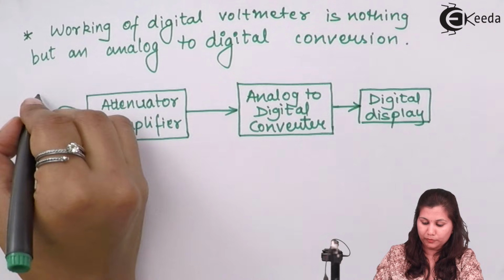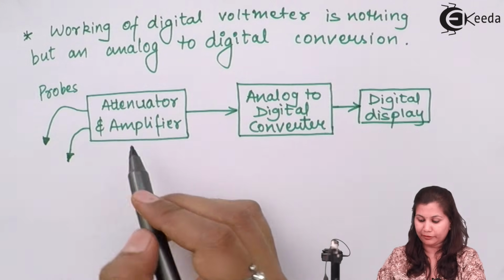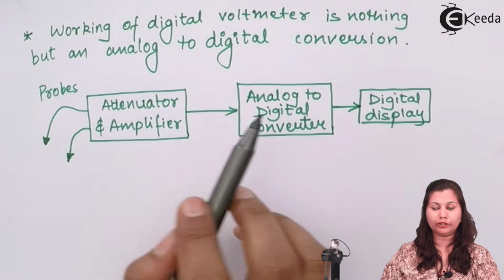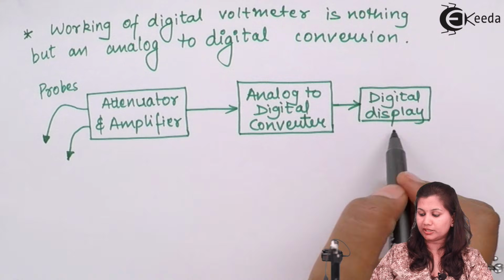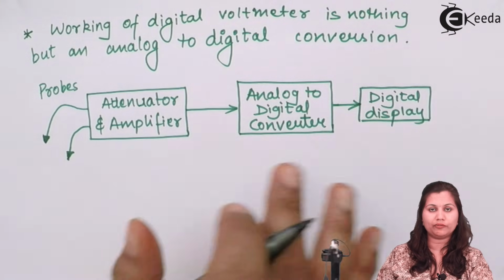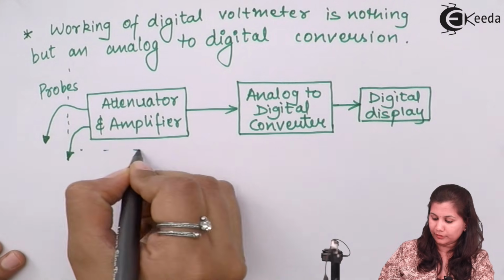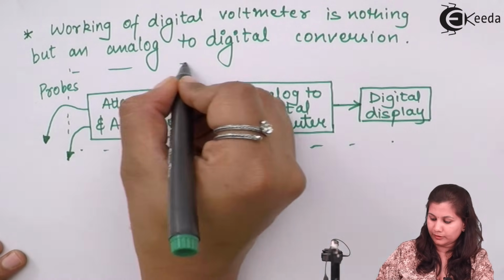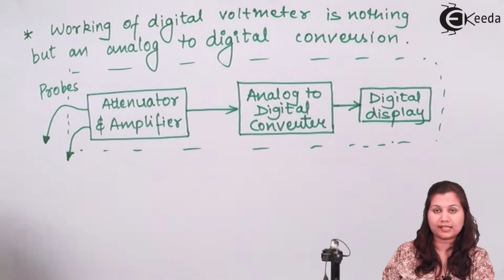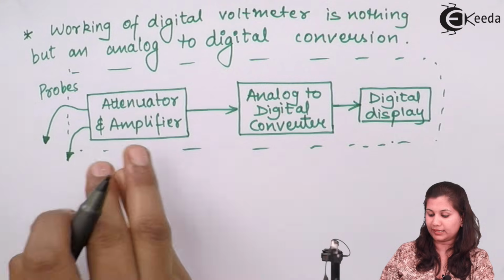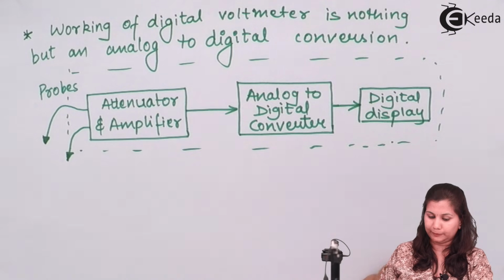Through these probes, we read the input voltage. Then this signal will be amplified and converted into a digital form by this analog to digital converter, and the digital display is going to give us the value of the input voltage. So that is the complete working of the digital voltmeter, described in short, which is nothing but an analog to digital conversion of the input signal.